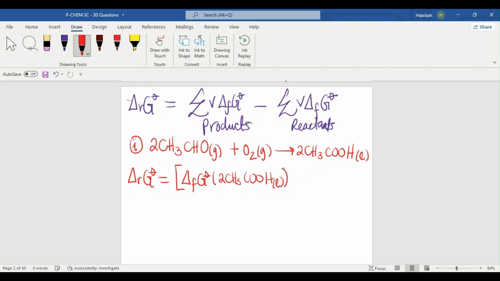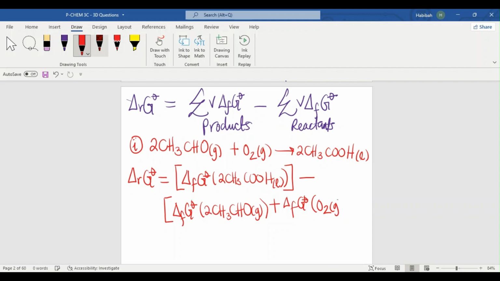Minus the Gibbs energy of formation for 2CH3CHO gas plus the Gibbs energy of formation of the second reactant, which is just O2 gas. So this is basically how you organize what you're dealing with.